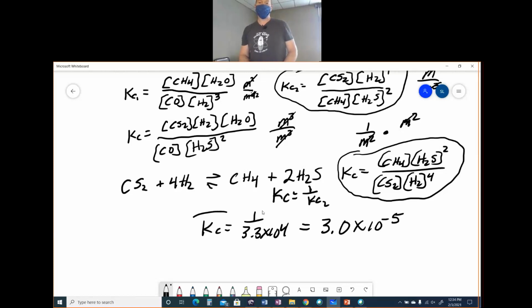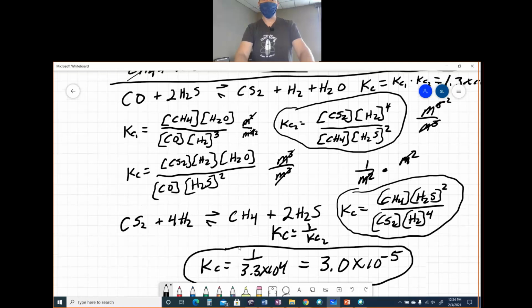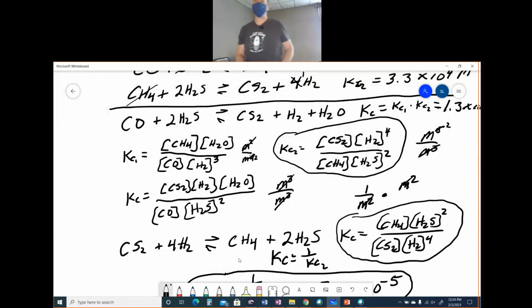So again, when you reverse a reaction, you invert your K value. Also note that you know what it means to have a large K value and a small K value. When you're looking at the original and you had a very large K value, that means that you're favoring the products. There's a lot more products than you have reactants. When you invert it, you still have a lot of the concentration of the CS2 and the 4H2. That's what you have a lot of.